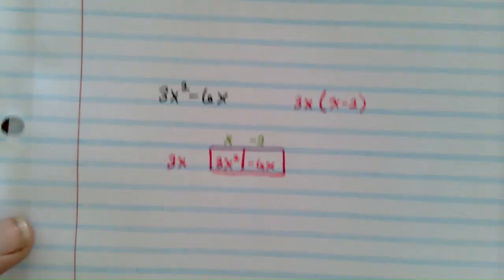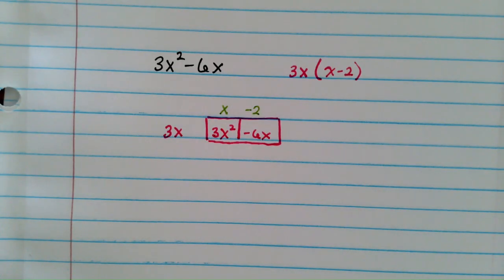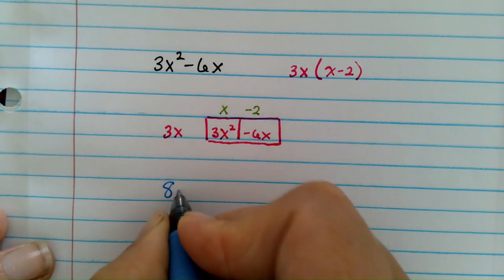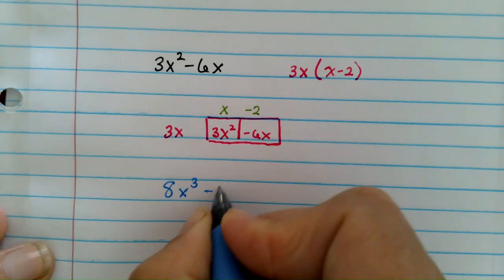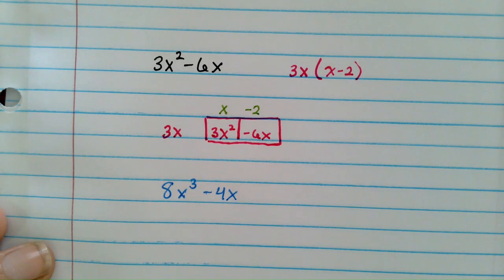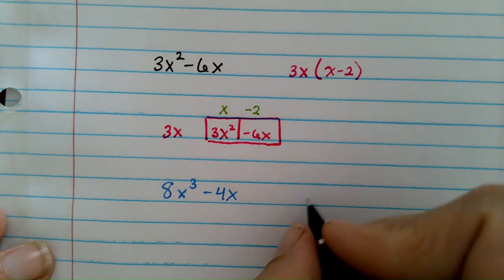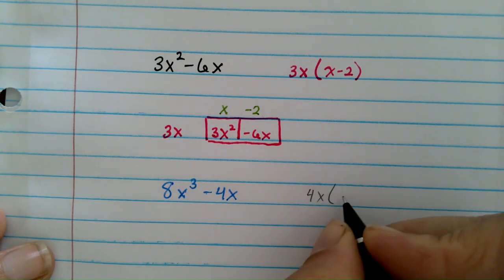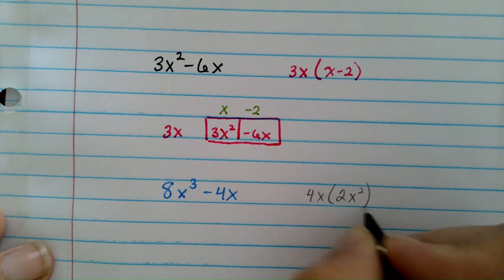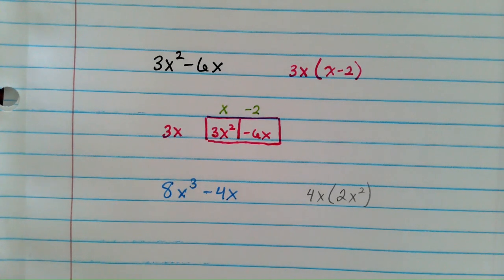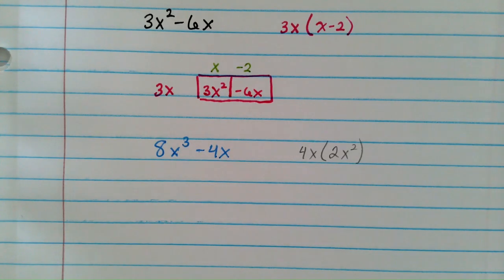Now the reason I bring the idea of the box up is, let's say we have 8x cubed minus 4x. I have a lot of students that write 4x times 2x squared. This is not correct. This is bad. So let's see, why is that bad?